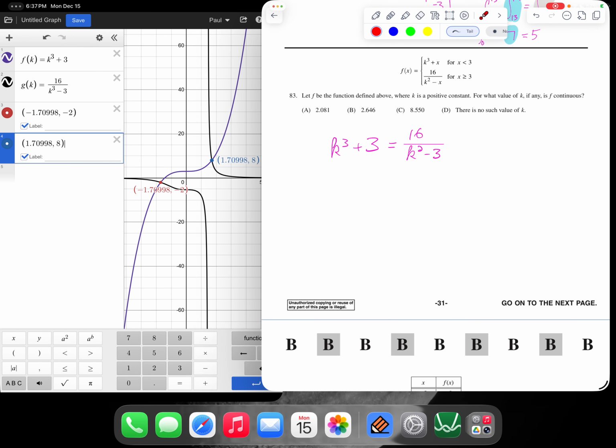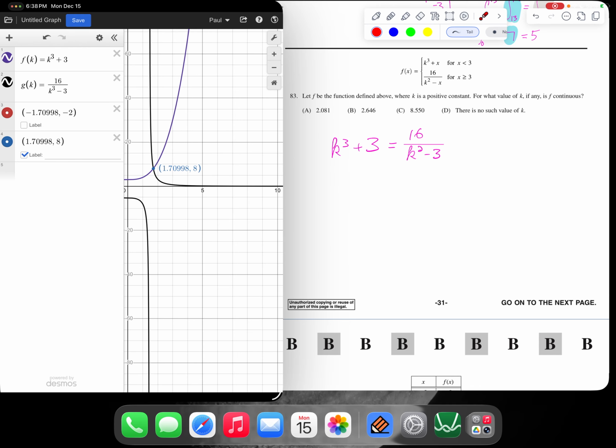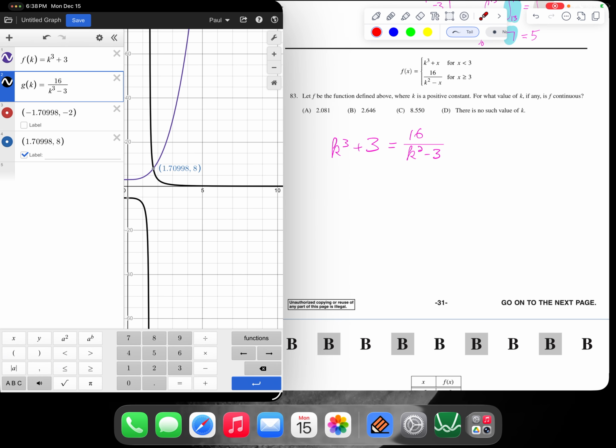The problem says k has to be a positive constant, and so I can eliminate one of them. All I really care about is the second one, but I'm getting this occurs at a k value of the wrong number, and I'm suddenly realizing I typed in a 3 where I meant to type in a 2.